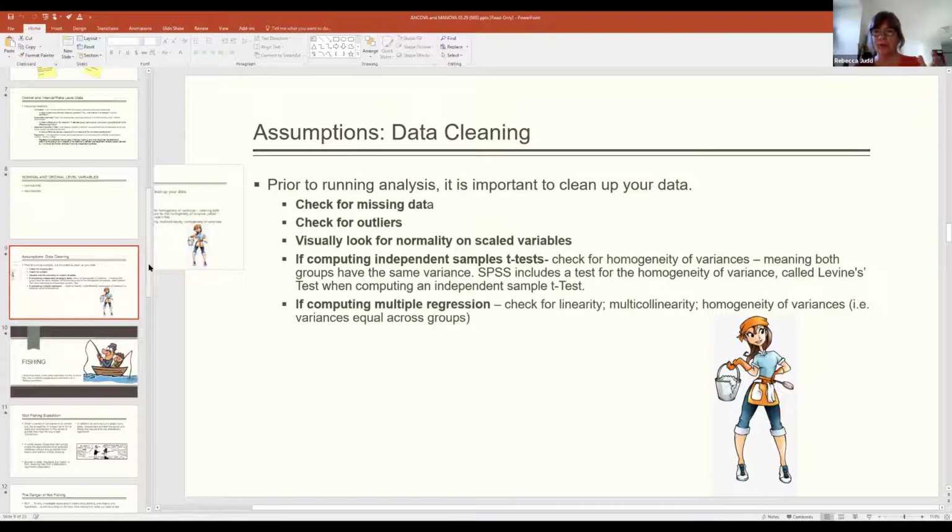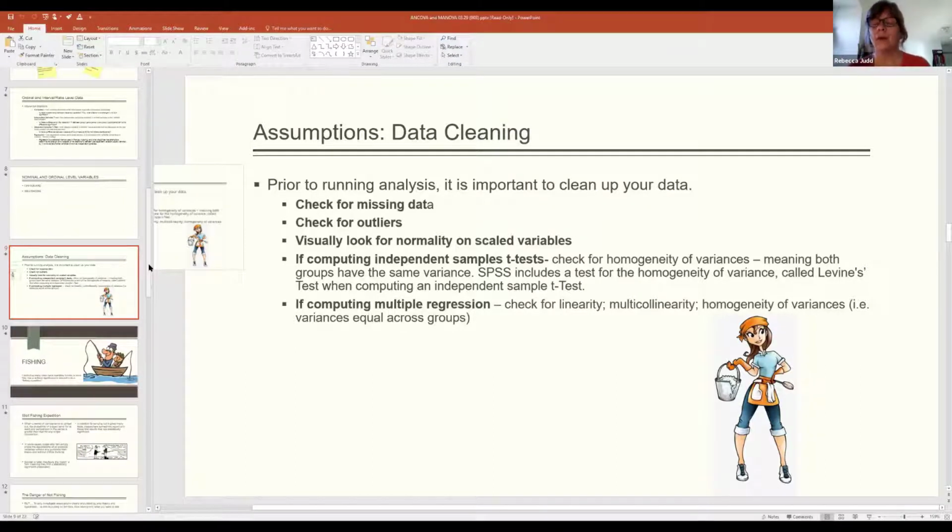In the perfect world, they tell you to run your assumptions first and clean that up, and then make sure that your data will meet your assumptions for your test. Because when you run your test, we may tend to make our data fit what we need it to fit.